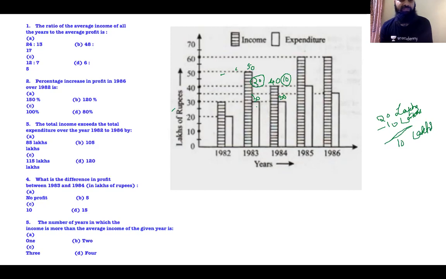What is the difference in the profit between 83 and 84? So the correct answer is answer option C. Is that clear? Let us go for the next one.